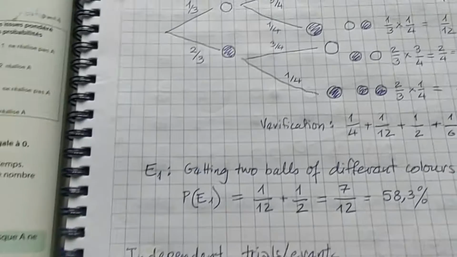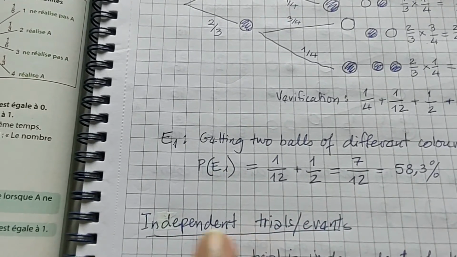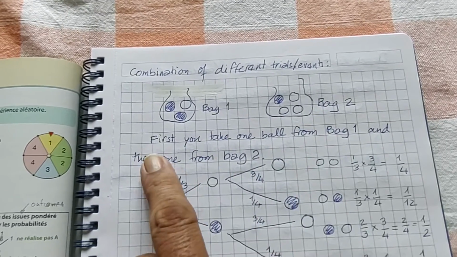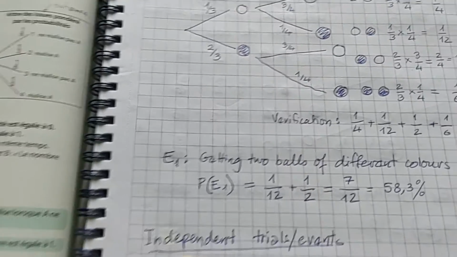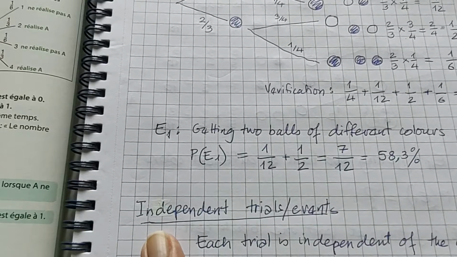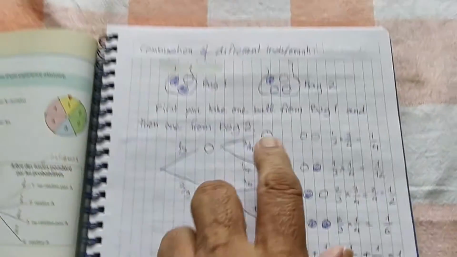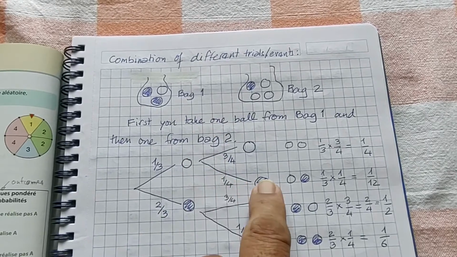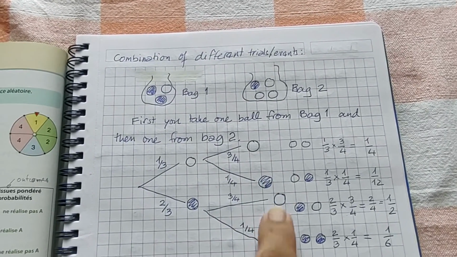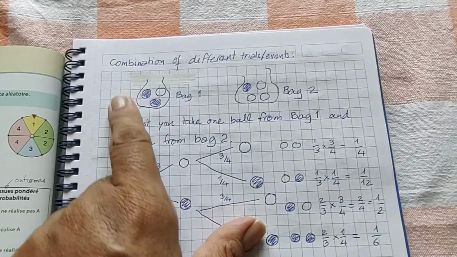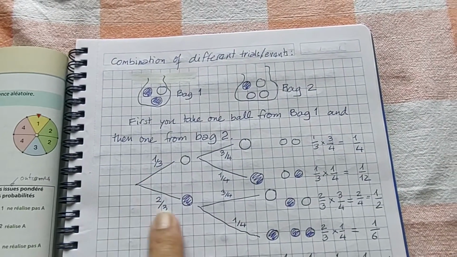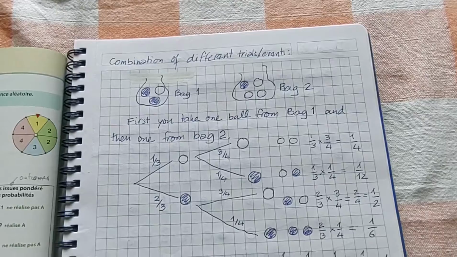Okay, so you have to realize that when you do an experiment of 2 or 3 or 4 or n parts, in most cases the trials are independent of each other. So for each one you can calculate the probabilities of outcomes without worrying about the situation of the previous part of the experiment.